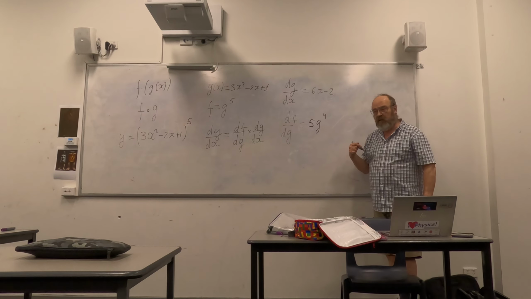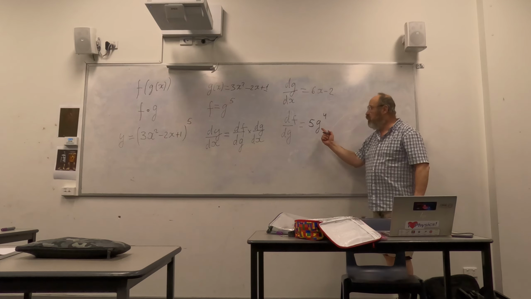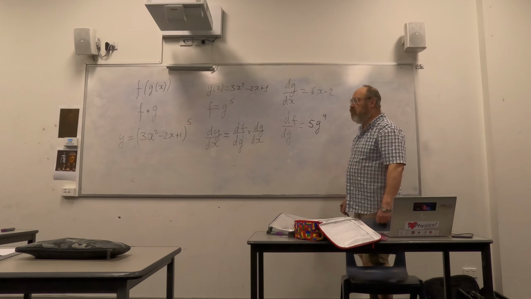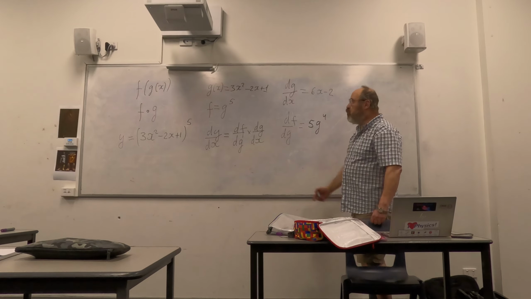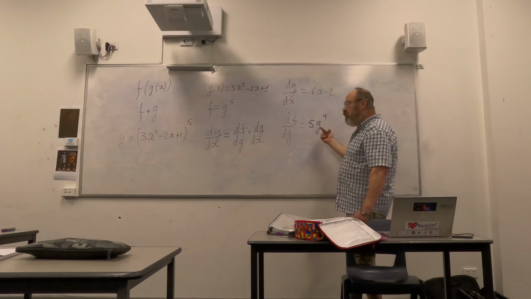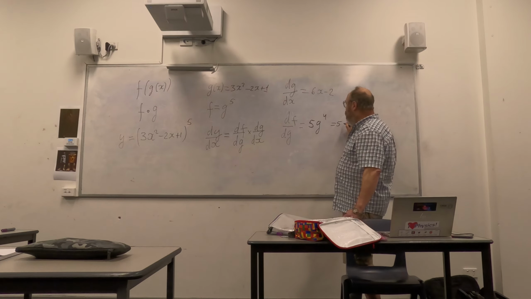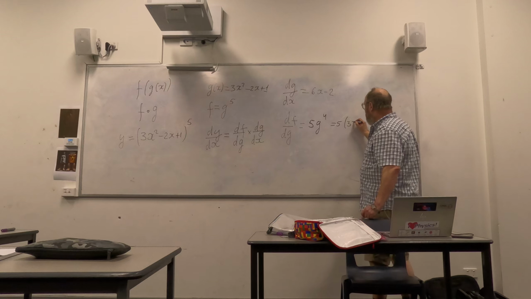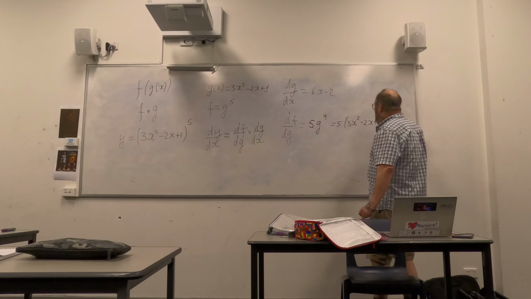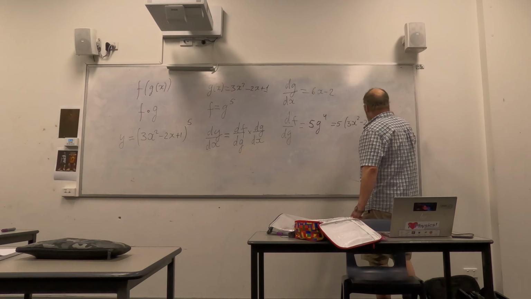But then we need to substitute instead of g the original function, 3x squared minus 2x plus 1. So we have 5 times 3x squared minus 2x plus 1 in the power of 4.